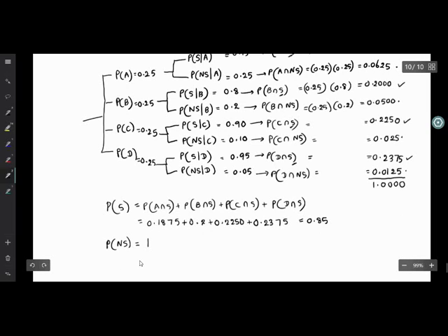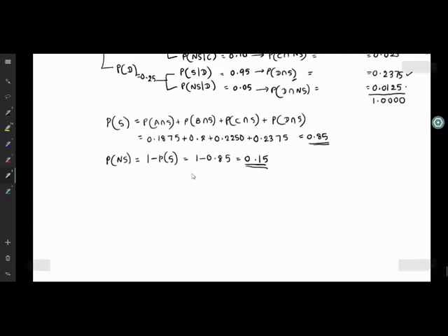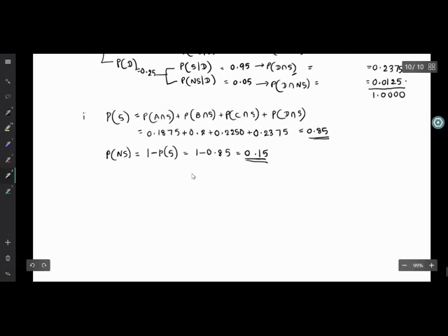So probability not satisfied will be 1 minus probability satisfied. You already have P(S), so 1 minus 0.85 is 0.15. If you want to double check this answer, you can add these 4 probabilities and check whether you get 0.15. So that was part 2.